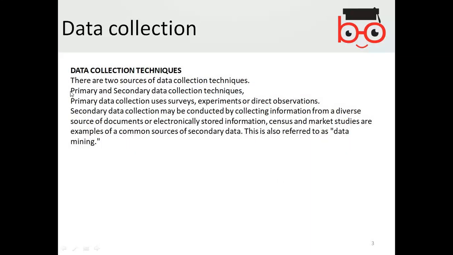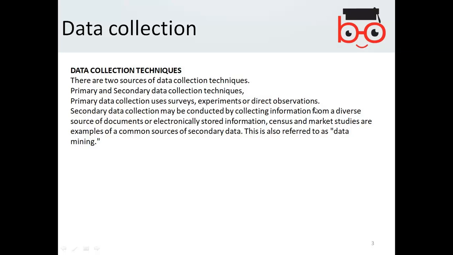Data collection techniques. There are two sources of data collection techniques: one is primary, the other is secondary. Primary data collection uses surveys, experiments, or direct observations.